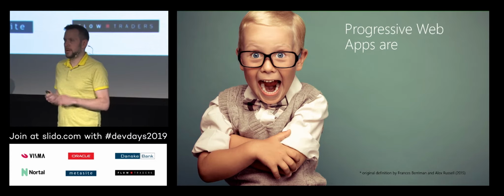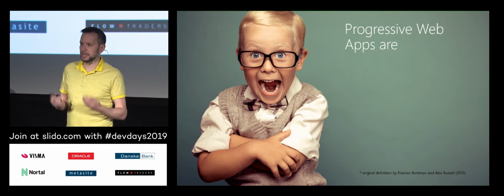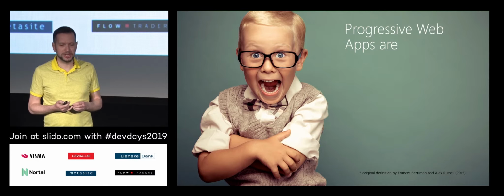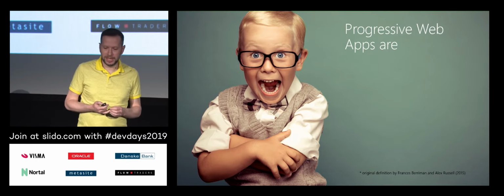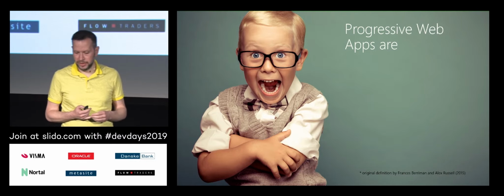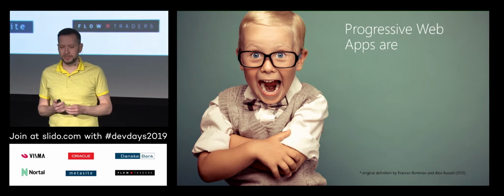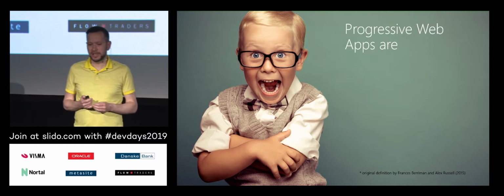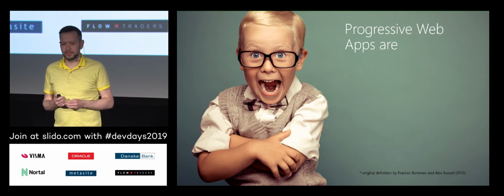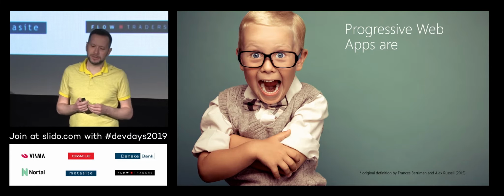This set of principles was initially devised by Francis Berriman, currently from Netlify, and Alex Russell, who works on the Chrome team at Google. And they defined a set of characteristics that progressive apps should have.